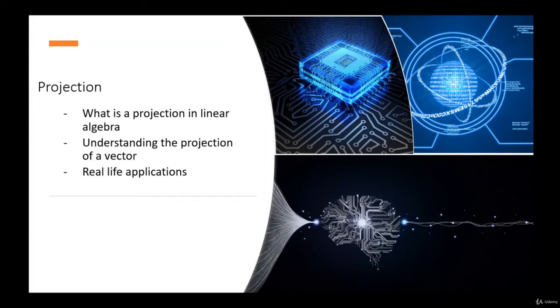Finally, what are the real-life applications of a projection, and why exactly are projections done if it's just one vector on another vector? Its main utilities are mostly in physics and in research.